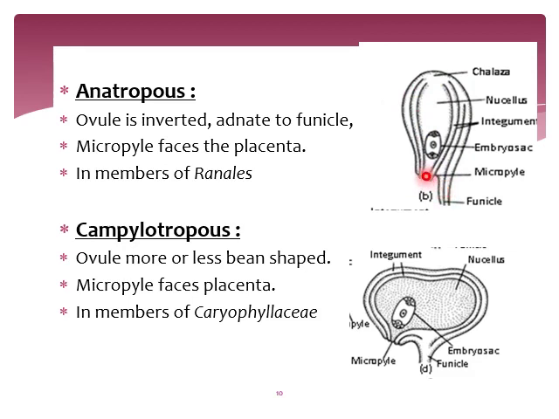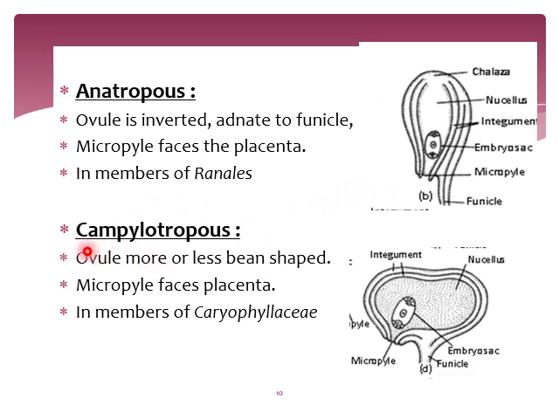In this case, the micropyle faces the placenta. Such type of ovule, inverted ovule, is known as anatropous ovule, and this type of ovule is found in members of Ranales.